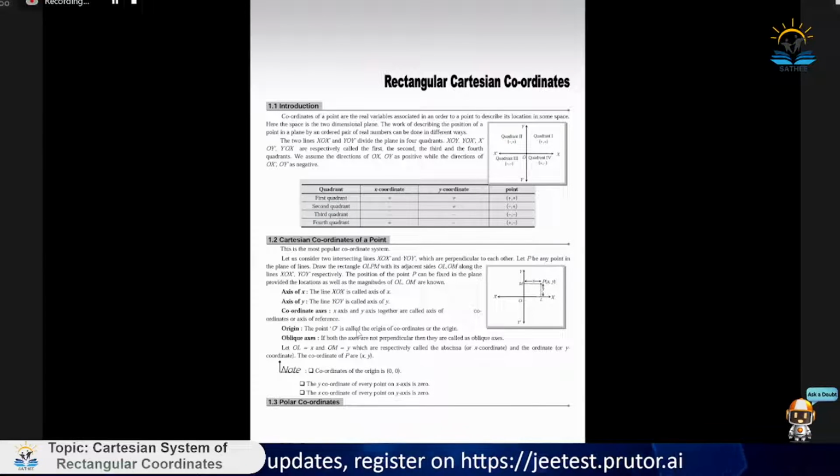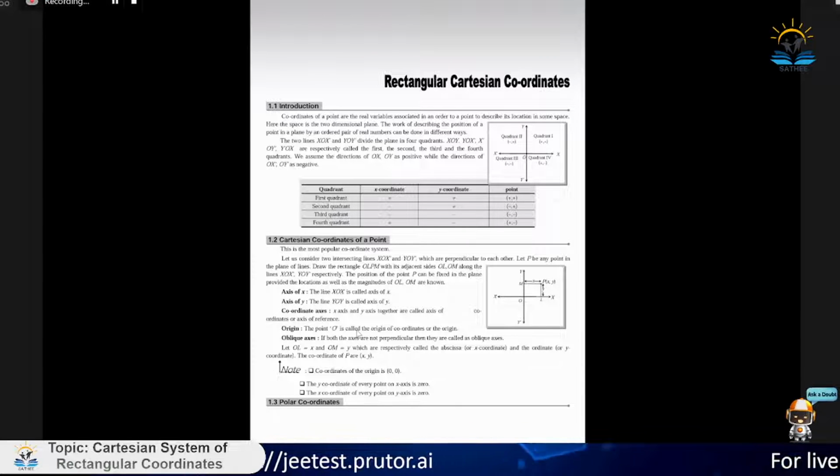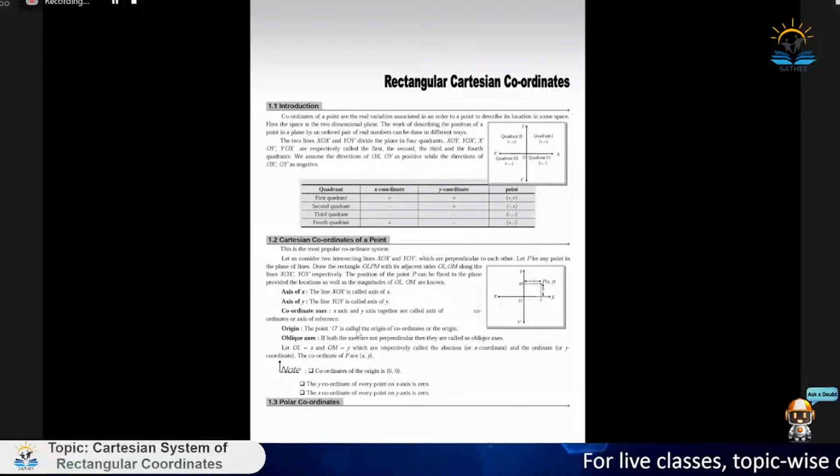The OM and PL lines are the y coordinate, also known as the ordinate. We denote it by x comma y, and this is called the Cartesian coordinates of P. We can also represent the location of the point using another system, which is polar coordinates.